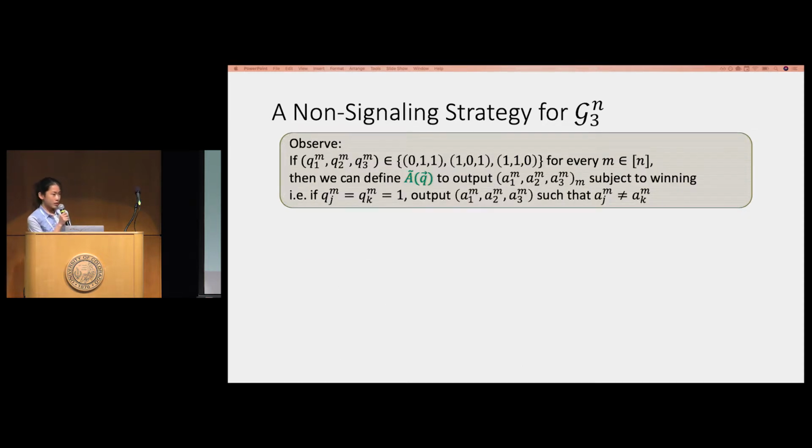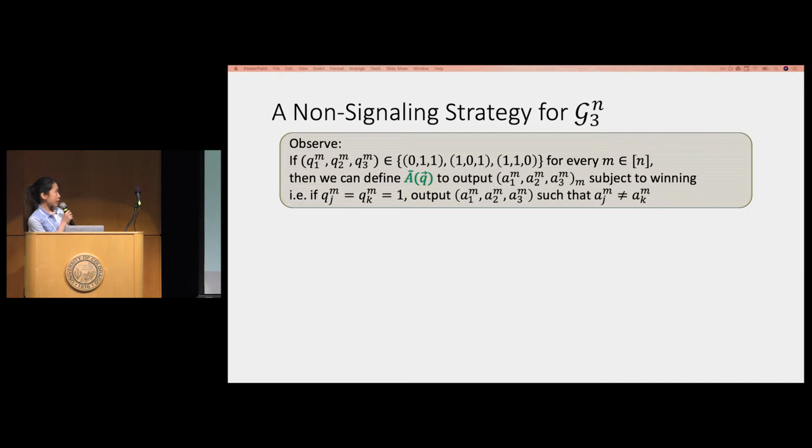So now I want to take a step back and observe that if for every instance of the game, our queries are actually either 0, 1, 1, 1, 0, 1, or 1, 1, 0, then we can define this answer distribution, which will output a triplet of bits that is random but subject to the winning.